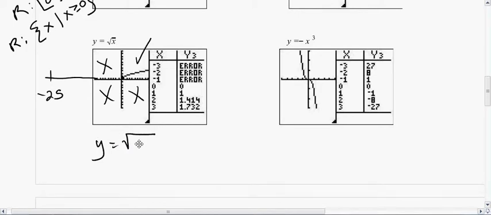So take out the x, plug in -25, and then I realized that I have an issue because there is no number that I could multiply by itself to give me -25. 5 times 5 is +25. -5 times -5, well, that's also a +25, so this does not exist. Anything over on the left-hand side of the graph is not going to show up in my function.